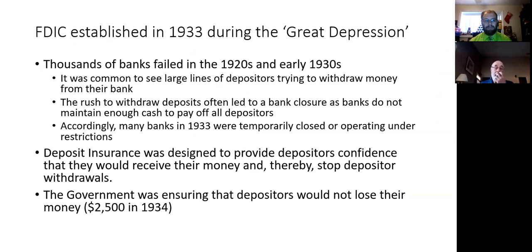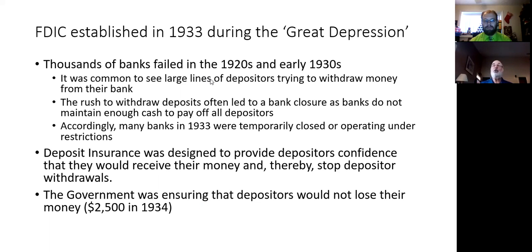Many of those banks experienced what we called a run on the bank. In other words, there was a rumor in the community that the bank was having financial difficulties. And so everybody who was a depositor went to the bank and wanted their money because they were afraid, because so many banks had failed, that their money would be lost.